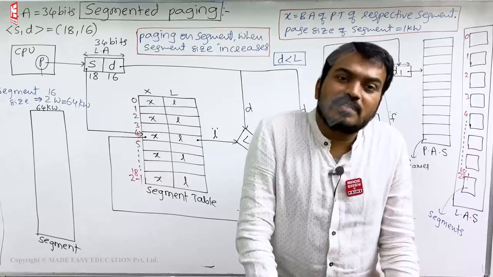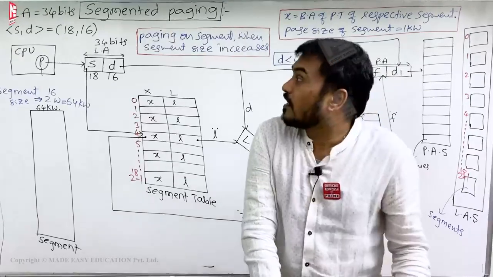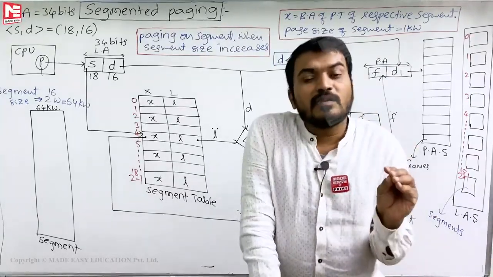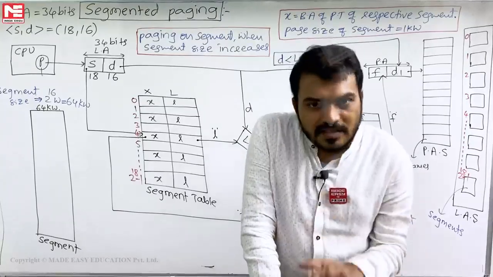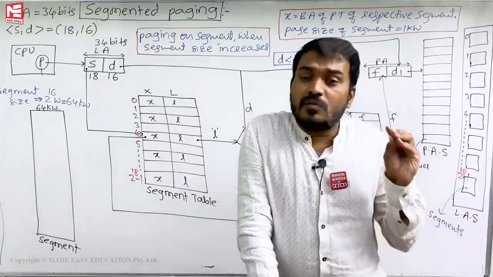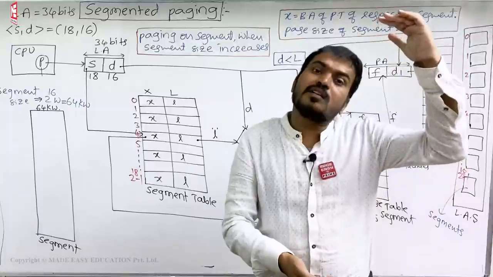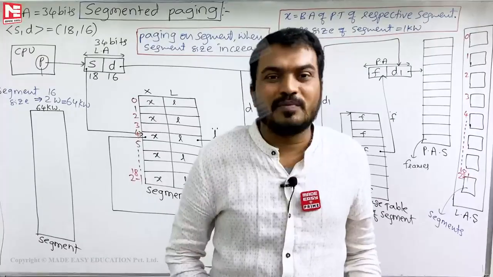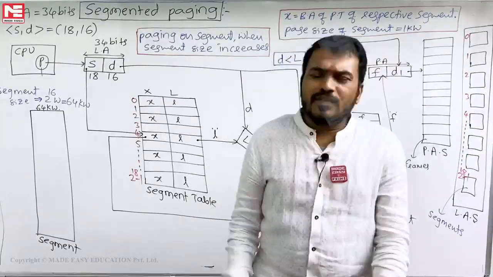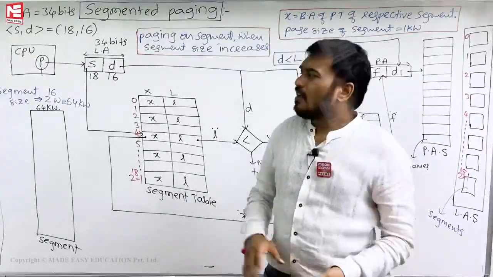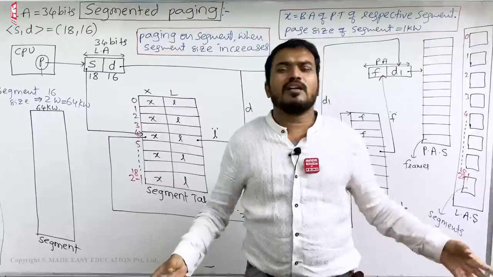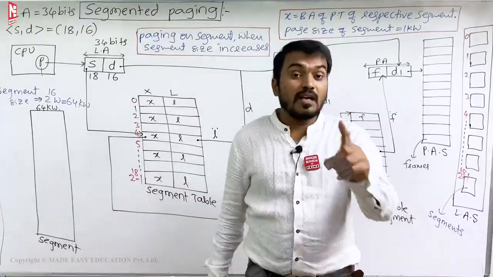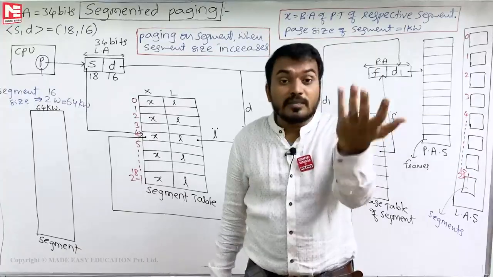Now, in the segmented paging, अपन क्या करने वाले? We are going to apply paging on the segment, and instead of bringing the entire segment into main memory, the pages of segment will be brought into memory. Is that clear? So, first of all, understand here why we are doing all this. ये सब क्यों कर रहे हो? Same goal of memory management.